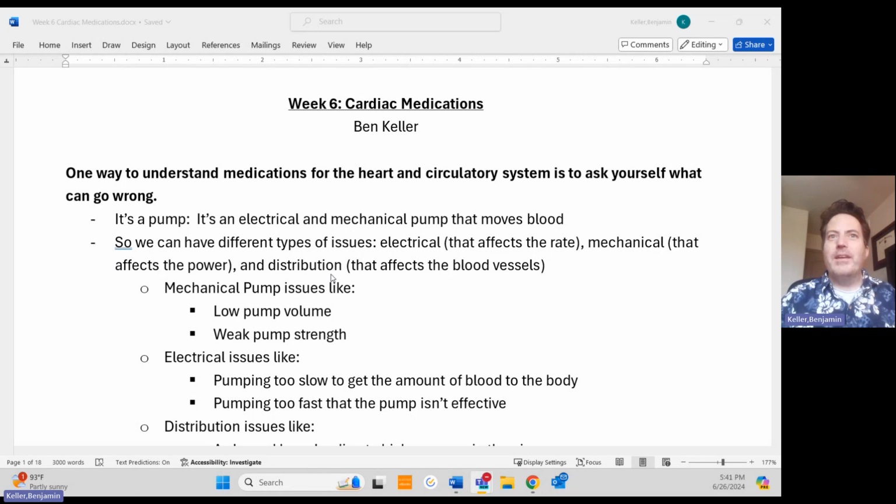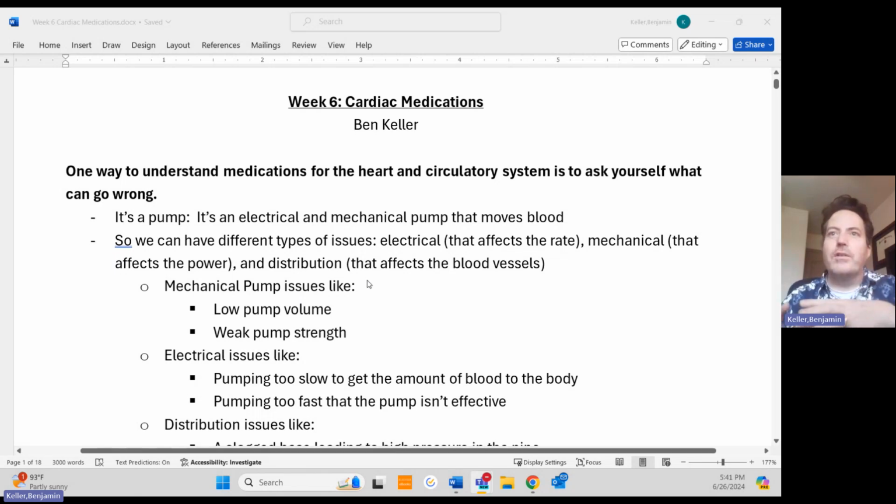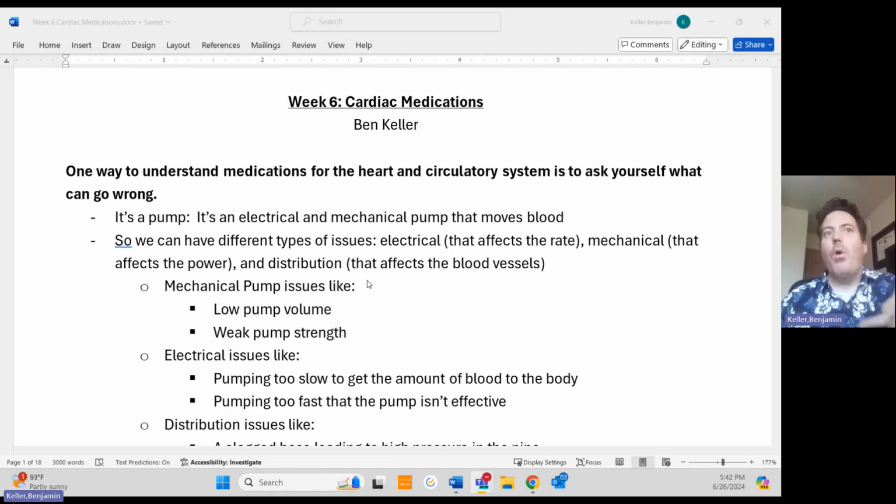Now, one of the best ways to understand medications for the heart and the circulatory system is to ask yourself, well, what can go wrong with it? Well, first, the heart is a pump. It's an electrical pump that has the EKG. It's a mechanical pump that's moving blood around, and so we can have different types of issues that affect the heart. The electrical ones can affect the heart rate.